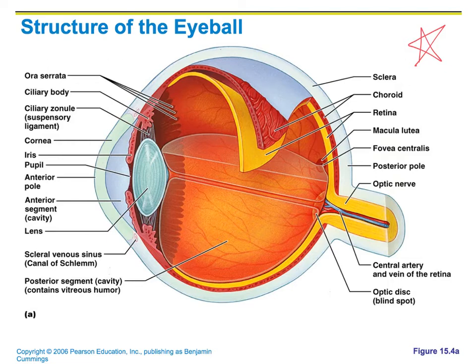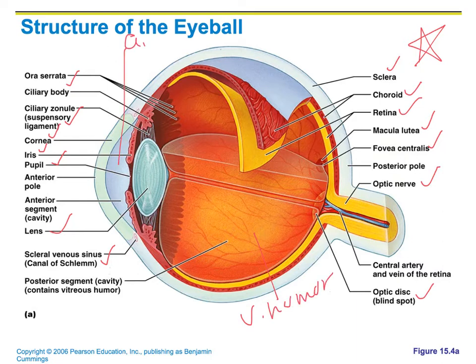Structures you're responsible for include the ciliary body or muscle, the suspensory ligaments, the cornea, the iris, the pupil, the lens, Schlemm's canal, sclera, choroid, retina, macula lutea, fovea centralis, optic nerve, optic disc, and what's not mentioned here, vitreous humor and aqueous humor, and that mostly covers it.